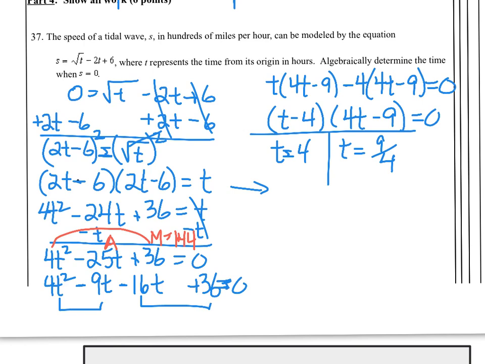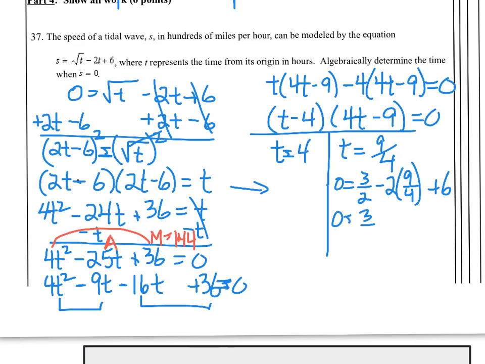So like I said, we've got, let's just extend this down, 0 equals the square root of 9/4, which I said is 3/2, minus 2 times 9/4, right? And then plus 6. And let's see if we get 0.